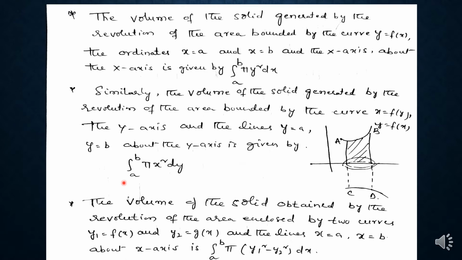Similarly, one more formula: the volume of the solid obtained by the revolution of the area enclosed between two curves x1 is equal to f of y and x2 is equal to g of y, and the lines y is equal to a and y is equal to b, about the y-axis is integral a to b pi into x1 square minus x2 square dy.